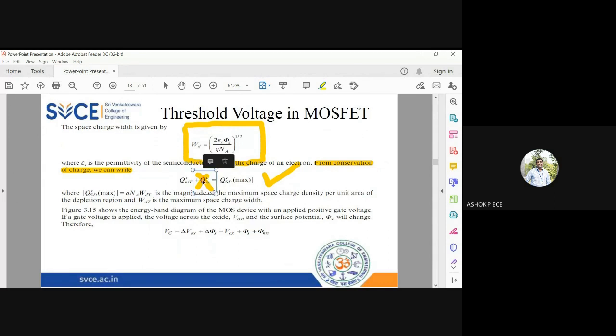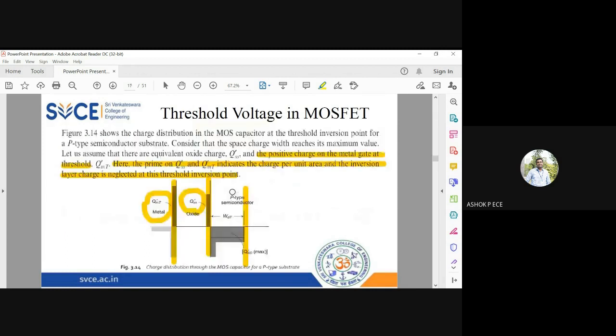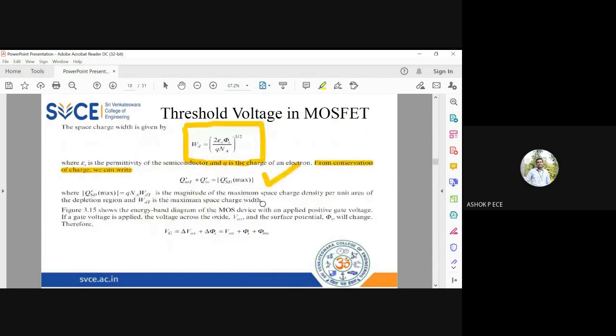In case the oxide layer is going to contribute any charges, I'm going to add that with the metal, so that the total charge on metal plus oxide will be equal to the charge on the semiconductor. That is how it is taken, and we are not sure exactly why the oxide layer charge is added to the metal. You can even add it to the semiconductor, but there is some specific reason why it is added to the metal. I'll let you know why it is added like this.